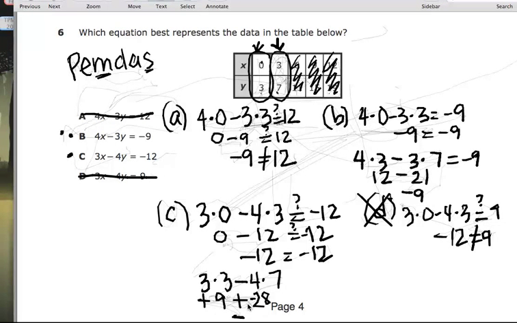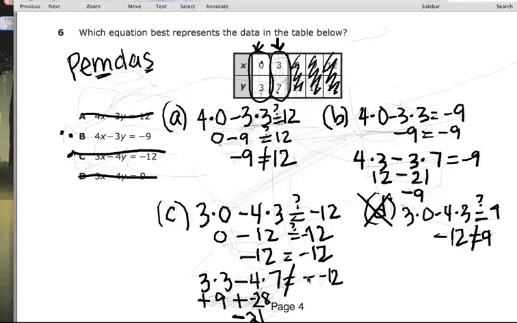That's positive 9 added to negative 28, because minus 28 is the same thing as adding negative 28. And here, if I have negative 28 and I have positive 9, that means I'm going to have more negatives than positives. And if I cross out 9 positives and 9 negatives, it leaves me with 21 negatives. And that does not equal negative 12. Okay? So that means answer choice C can be eliminated.